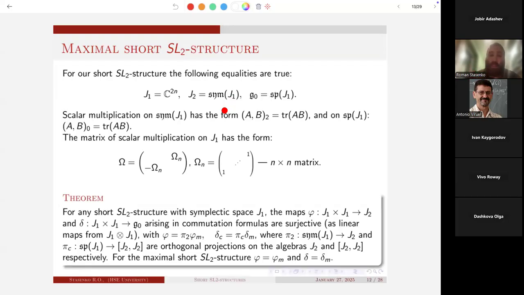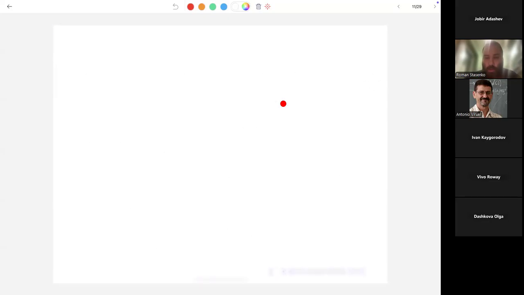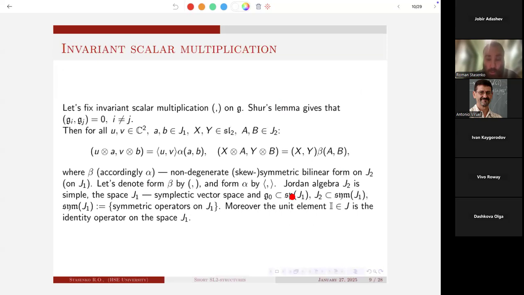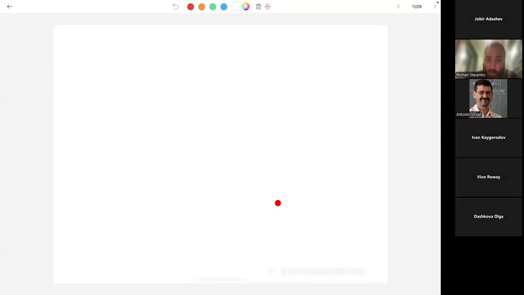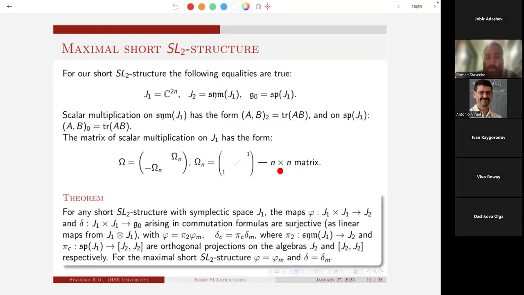And G0 is the algebra of all skew-symmetric symplectic operators on J1. In the general case it was only a subspace, and in this case there is equality between them.